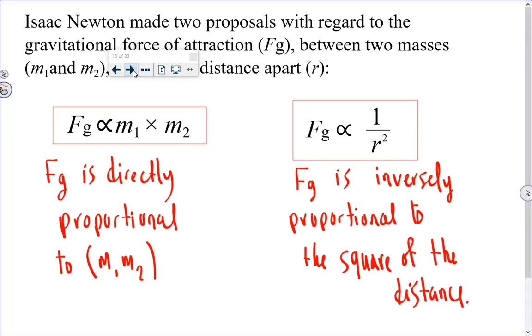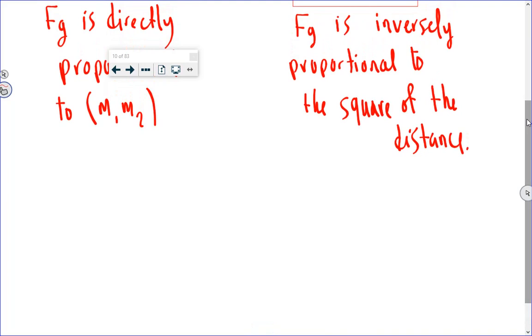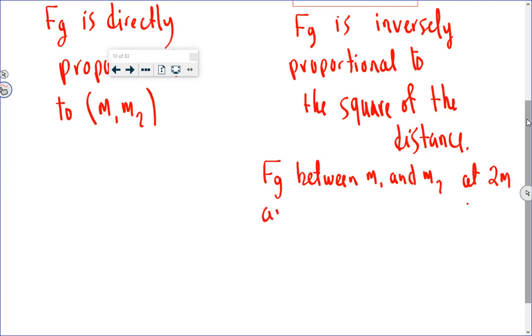And I want to just go through a very quick example numerically of what that means. Let's say that we had a gravitational force between M1 and M2 when at 2 meters apart is equal to 12 newtons.